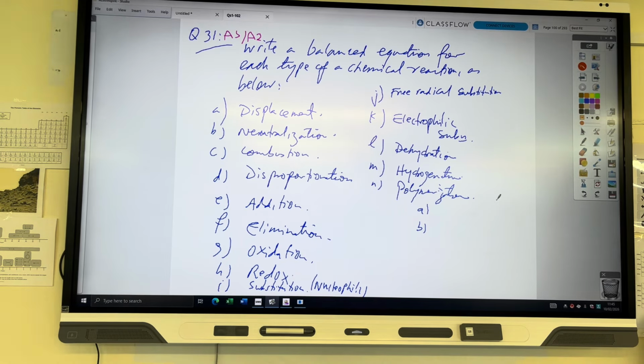L is dehydration, M is hydrogenation, N is polymerization, of which there are 2 different types. Yeah? So apart from K, the rest of them are all AS, you should know. And since there are quite a number of them, you've got about 15 minutes doing this.